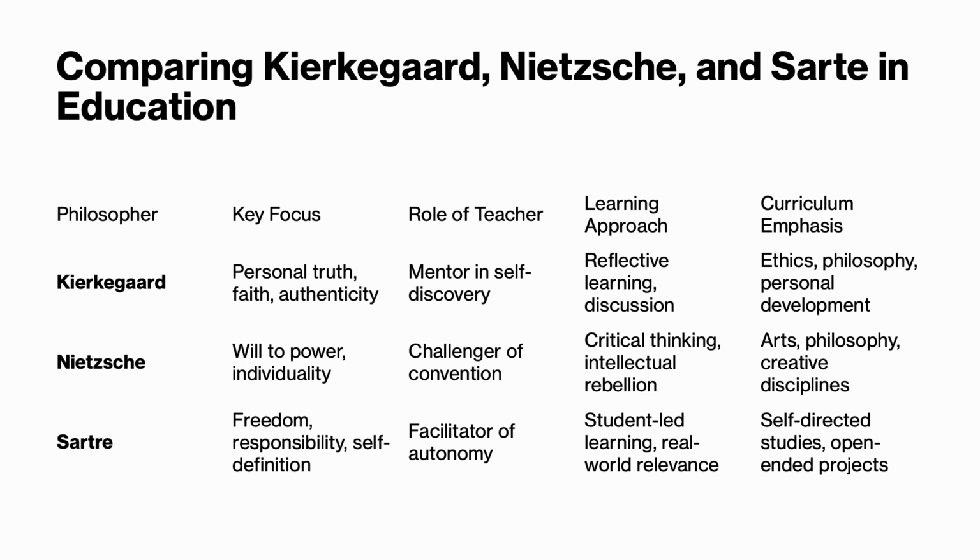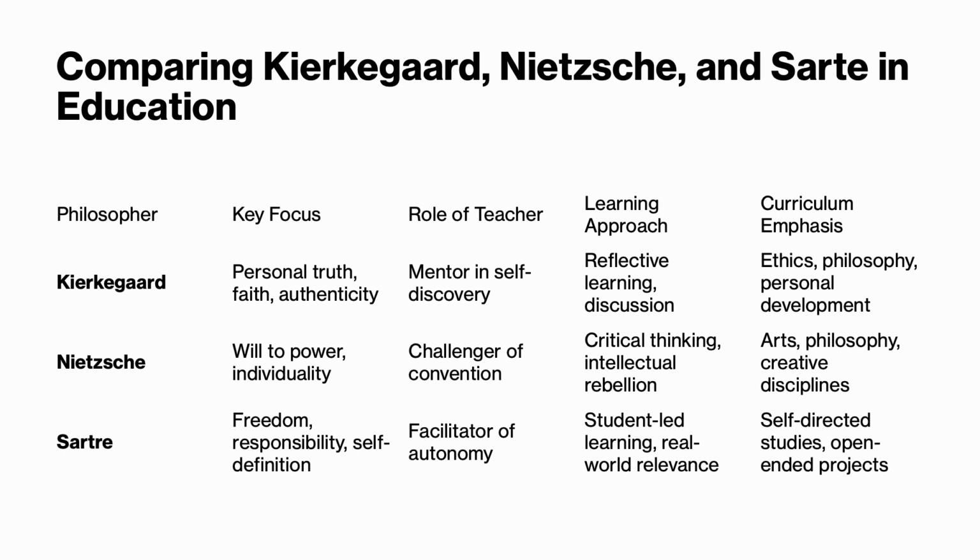So, looking at this table, I have written here a comparison of the three philosophers, Kierkegaard, Nietzsche, and Sartre. For Kierkegaard, the key focus in education is personal truth, faith, and authenticity. For Nietzsche, the key focus is the will to power and individuality.